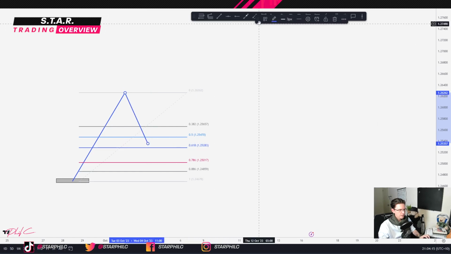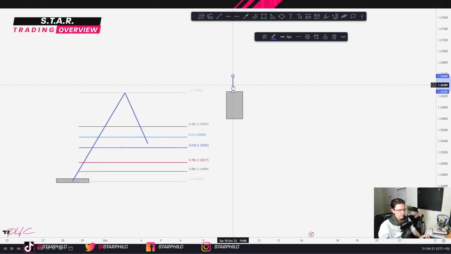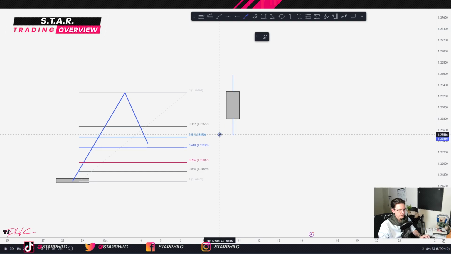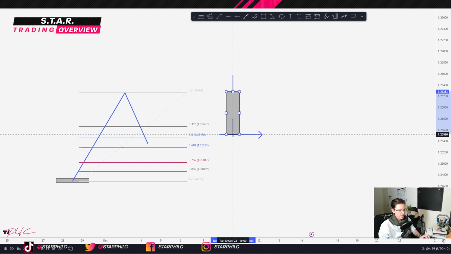When I say that, if we grab our candle again, and we have our wicks like this, just copy and paste that. What I mean by a close above is if this is a 618 right here, we can have price action come down and touch the 618.